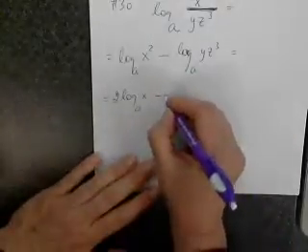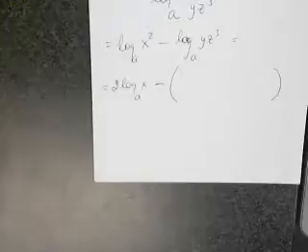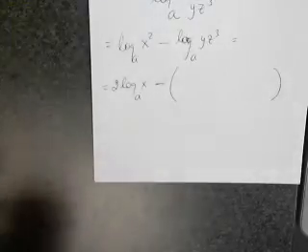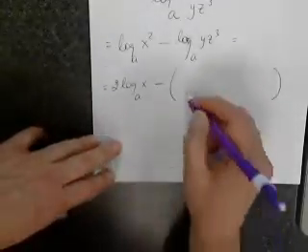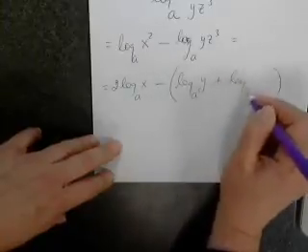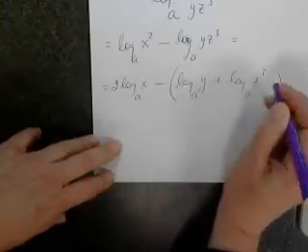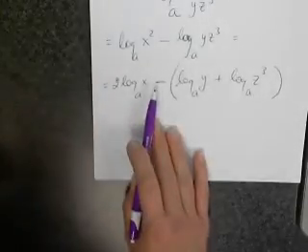Now careful, minus, put parentheses, and tell me what property should I apply to log base A of y times z to the 3rd? Exactly, so how do I write it? Log A y plus log, or would it be log A y cubed? Z cubed. Very good. Now I will distribute the negative sign.